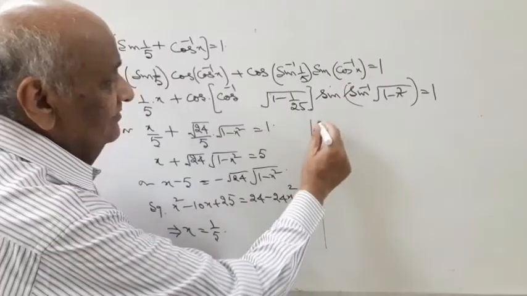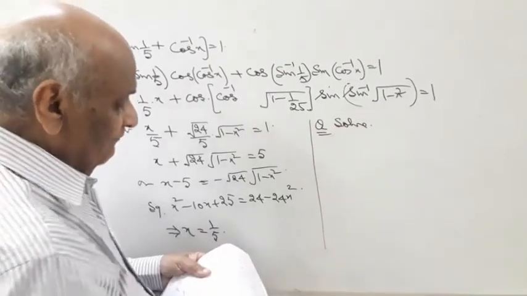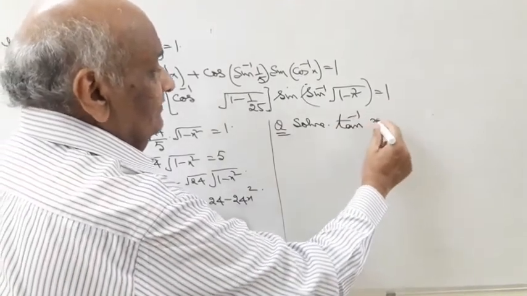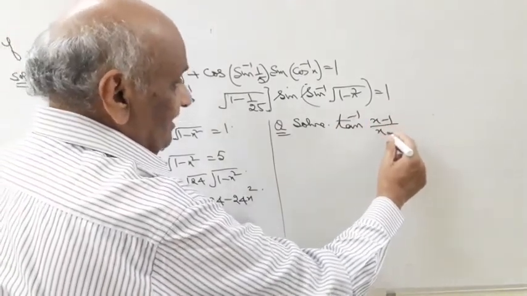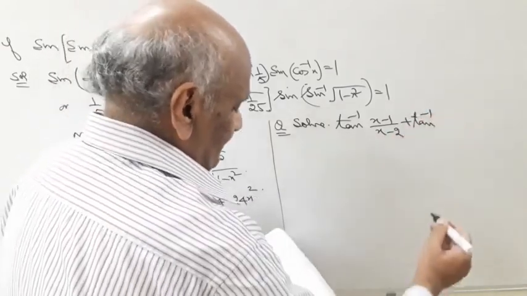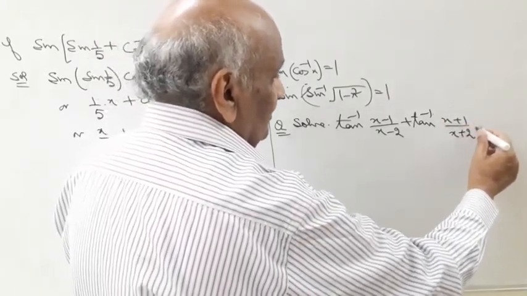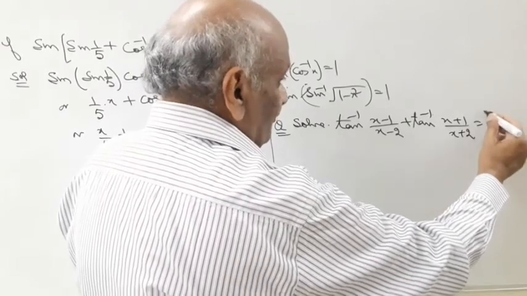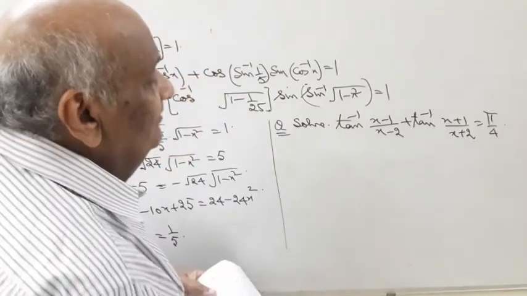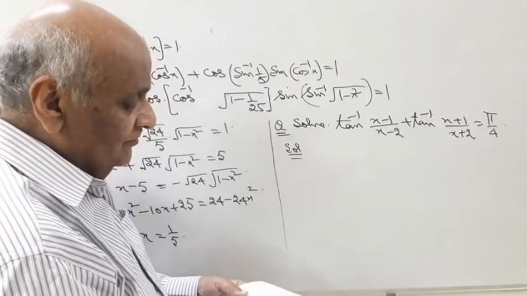Take up another case, again we are to solve for x. It is tan inverse of x minus 1 upon x minus 2 plus tan inverse of x plus 1 upon x plus 2 is equal to pi by 4. See, now I take help of the property, as you know, tan inverse of x plus tan inverse of y.